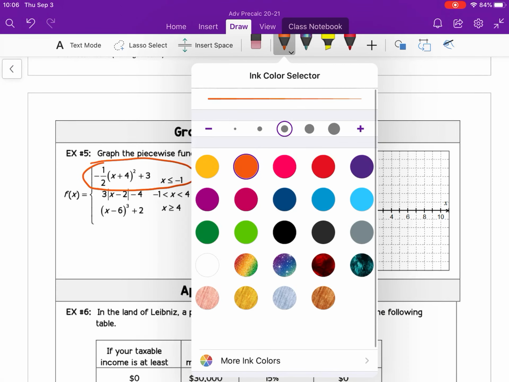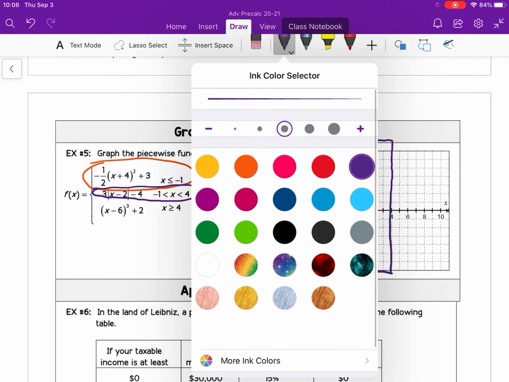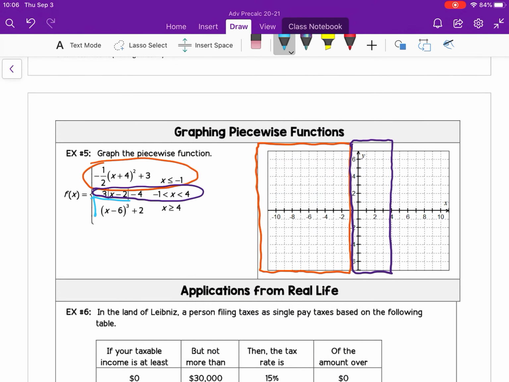So where x is -1, that piece goes there. The second piece is between -1 and +4. So it will go in this box. And the last piece is everything that is bigger than 4.